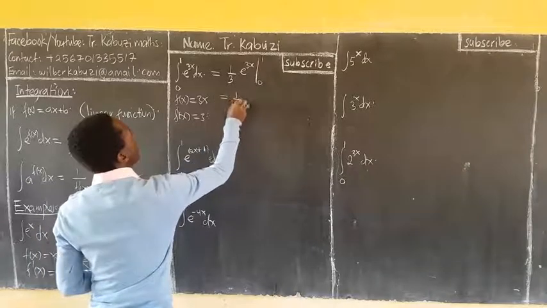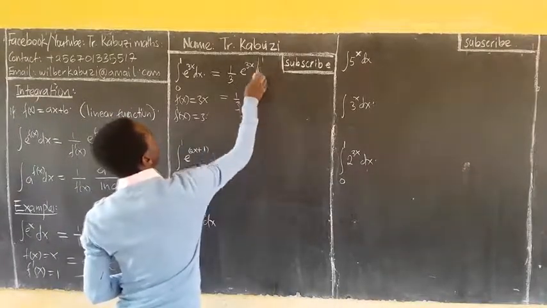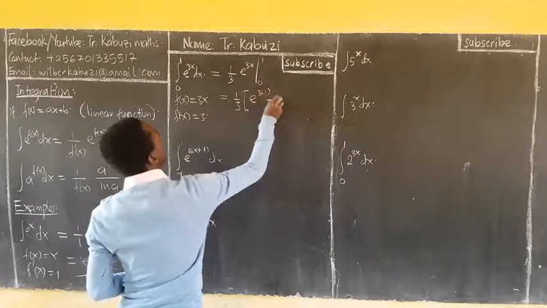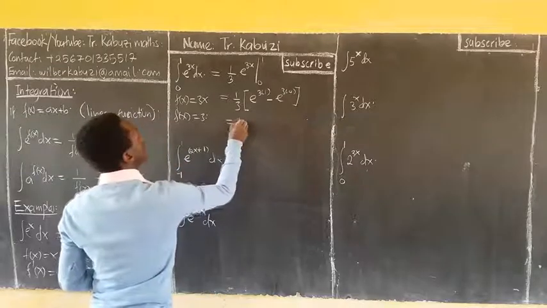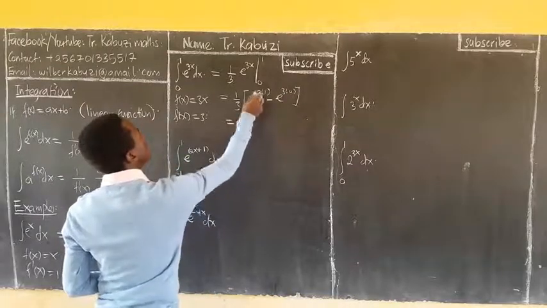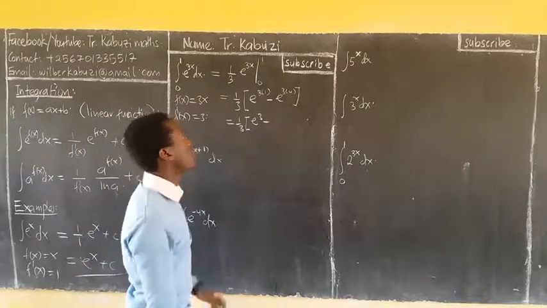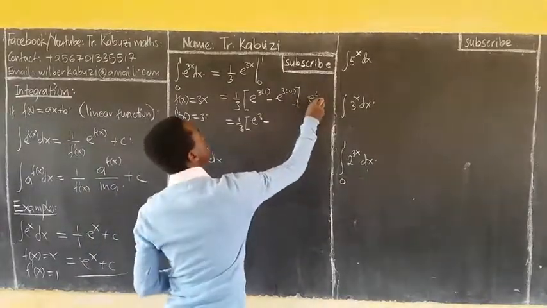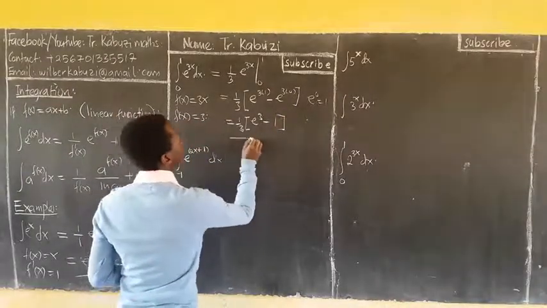Now I put in the limits. When I put in 1, I have 3 into 1, then minus e to the 3 into 0. So this will be a third into e to the power 3 minus e to the power 0. E to the power 0 is 1, since anything to the power 0 is 1. And that becomes your answer.